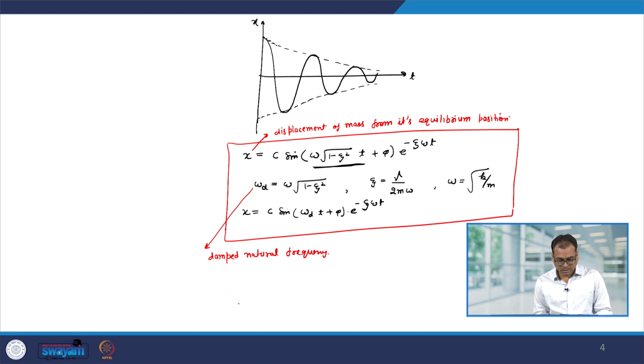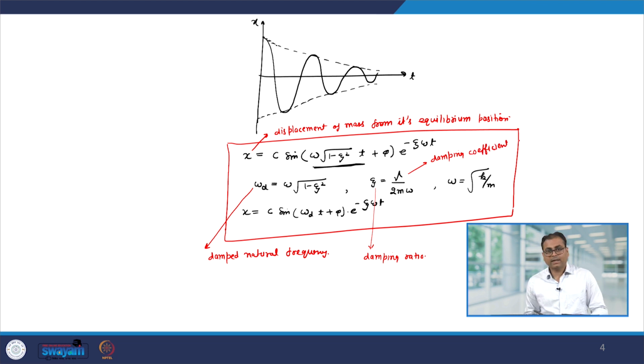Zeta is the damping ratio. Gamma is the damping coefficient. And k is of course the spring constant.